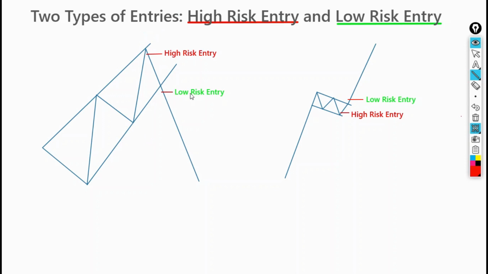But the low risk entry is when the market moves impulsively and breaks the structure, and the market now has confirmed direction, and you decide to enter on the breakage of the structure, right?